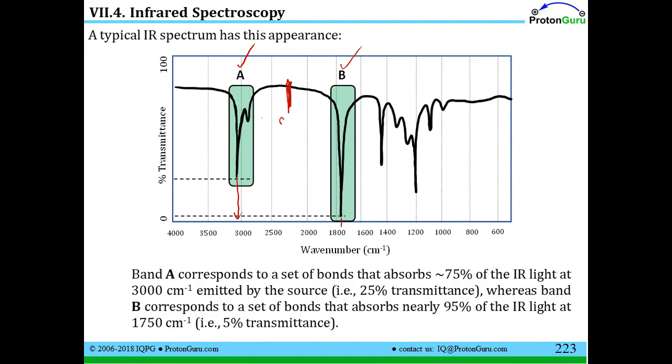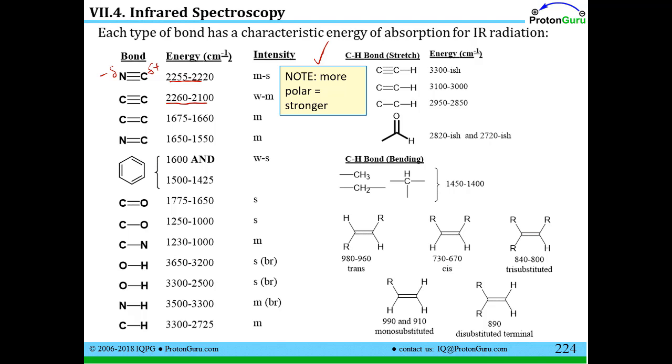So CC triple bond or CN triple bond. The difference, though, is that because the CN bond is much more polar than the CC bond, you see that you have the intensity of the band, how much light it absorbs, being medium to strong. M is medium, S is strong. But the CC triple bond is weak to, at best, medium absorption.